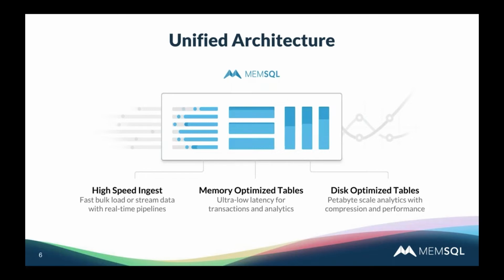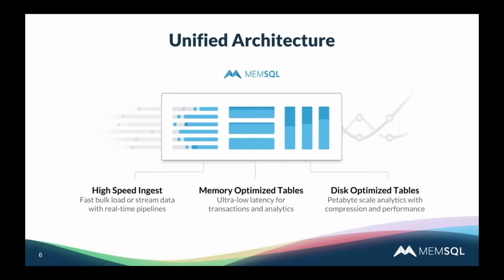So one of the things that's really great for developers when they start to use MemSQL for scalable apps is that they really appreciate the very high speed ability to ingest data. And I'll talk in more detail about that later. We support fast bulk loading, as well as streaming data with what we call our pipelines feature, which I'll say a few more words about later.